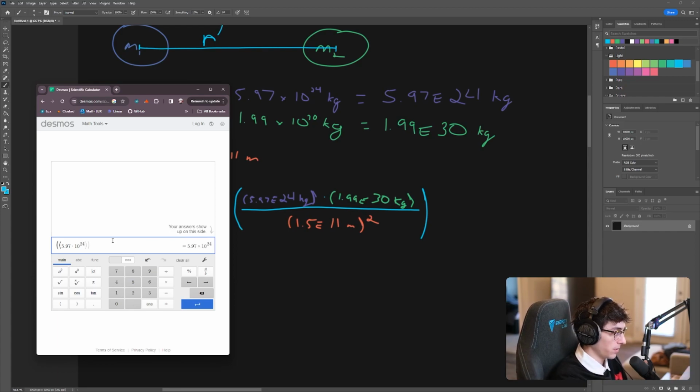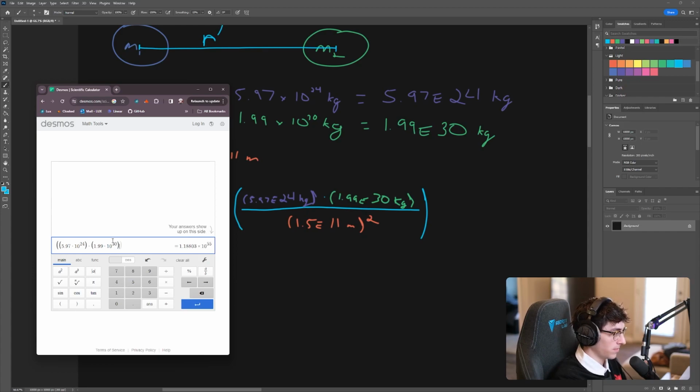We're going to write it to the 24th, and click the right arrow key to get out of our exponent. So 5.97 times 10 raised to the 24th, that's our mass 1, the mass of the Earth in kilograms, multiplied by the mass of the sun, M2, 1.99 times 10, shift 6 again to get into that exponent, to the 30, and then right arrow to get out of the exponent.